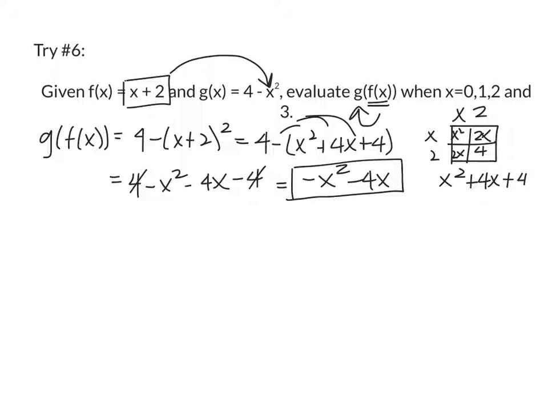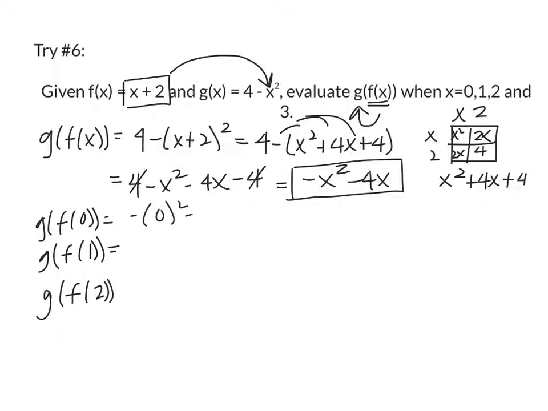All right. After we do that, we need to find g of f of 0, 1, and 2. So g of f of 0, g of f of 1, and g of f of 2. All right, if you put in 0, that'd be negative parentheses 0 squared minus 4 times 0. This will all just equal 0.